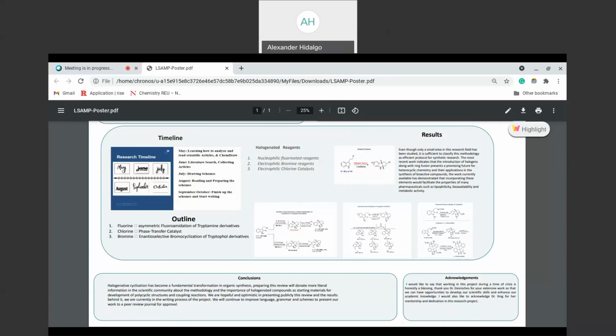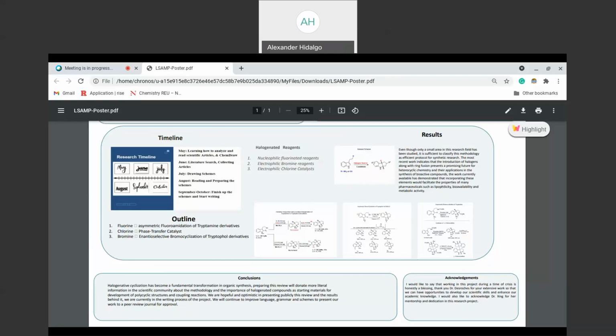Preparing this review, I think, will serve as a way to contribute more literature to the scientific community about what methods are more important and which ones are more efficient for halogenated compounds as starting materials for possible protocols.